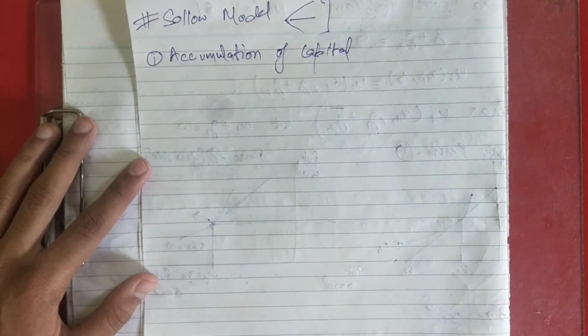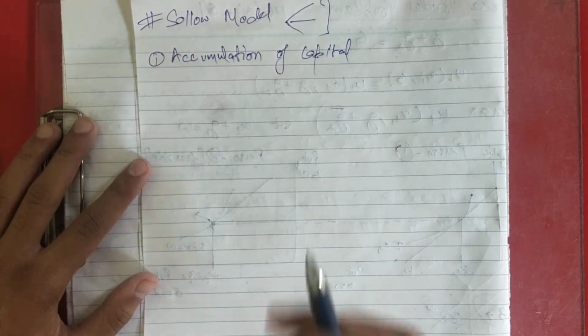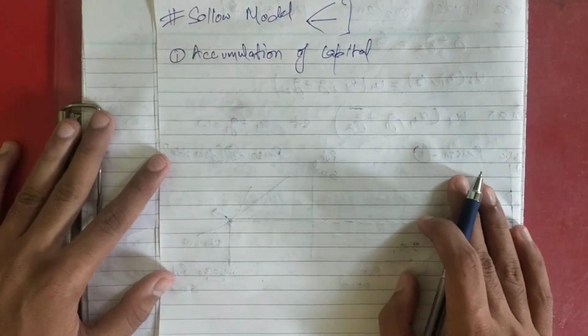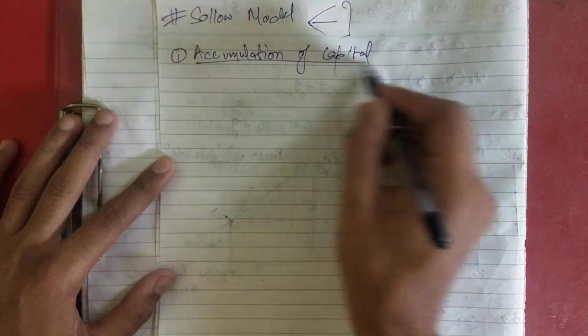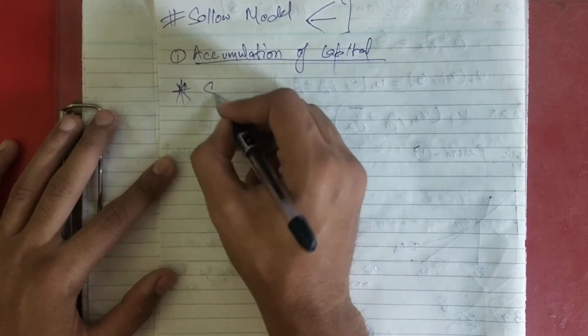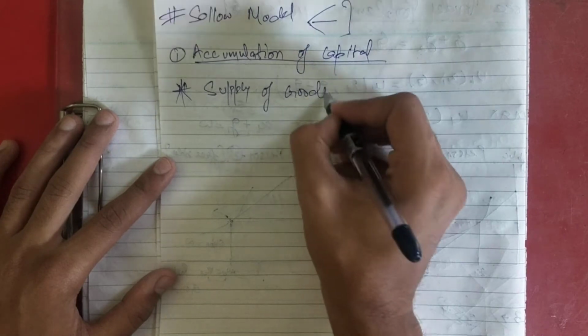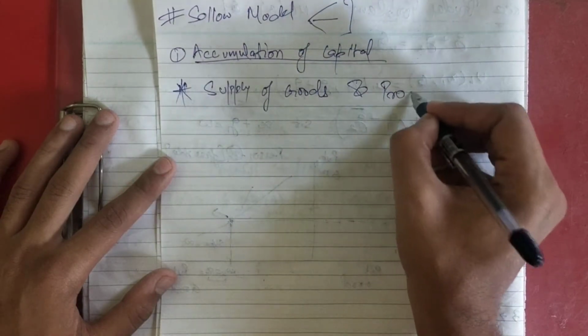Now let's see how demand and supply determine the accumulation of capital. Let's come to supply first: supply of goods and their production function.